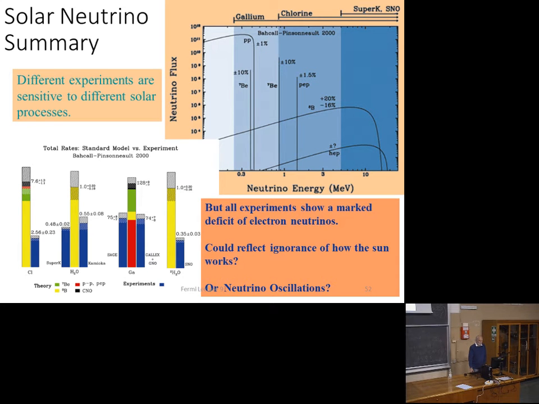So altogether, in the experiments that were done, that I show here, the predictions are up here, and the actual measurements were below that. So all the experiments either reflect an ignorance of how the sun burns, or the phenomenon which I'll describe later, which we know now is what happens, that there are what we call neutrino oscillations.